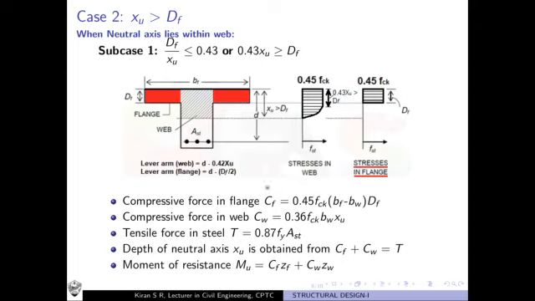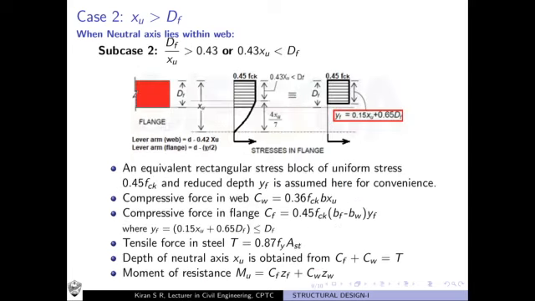So just multiply the compressive force at the level of web with the lever arm for web, d minus 0.42 xu. Okay, so you add the contribution of both the web and the flange, you will get the moment of resistance of this T-beam. Okay, now coming to the subcase 2.